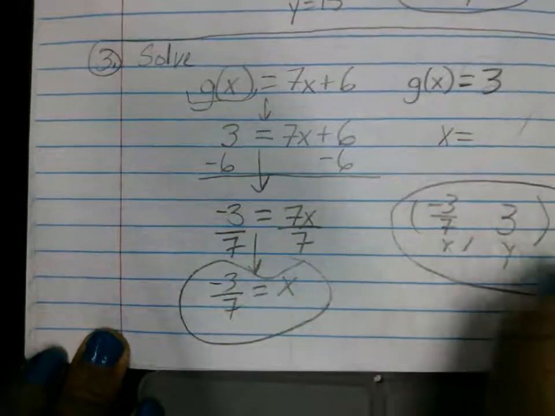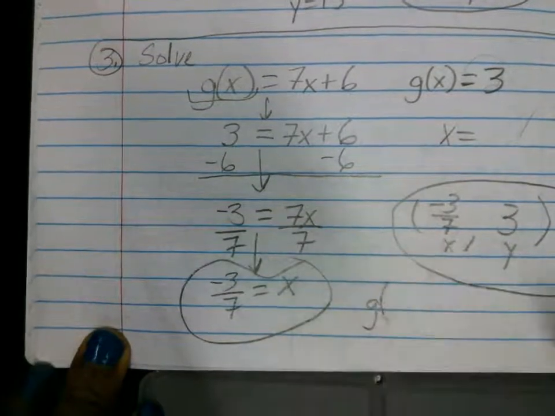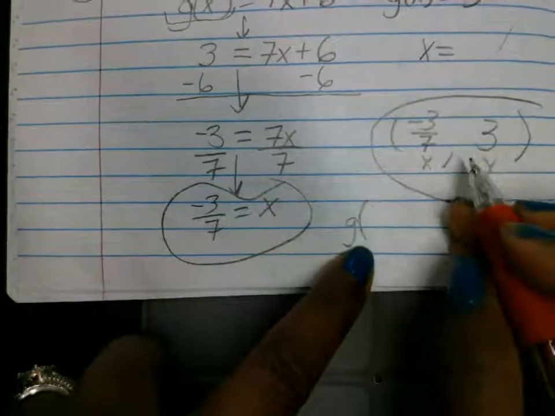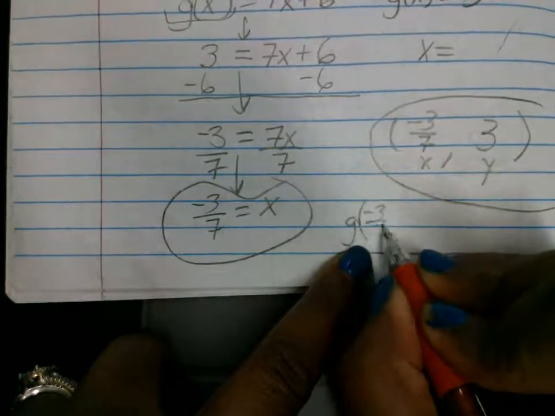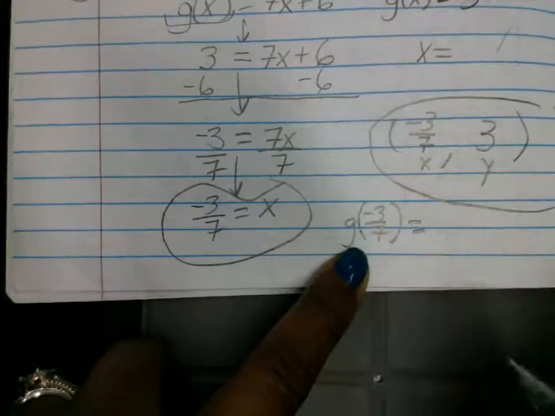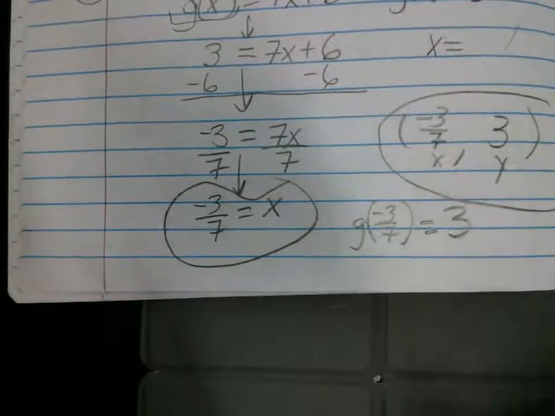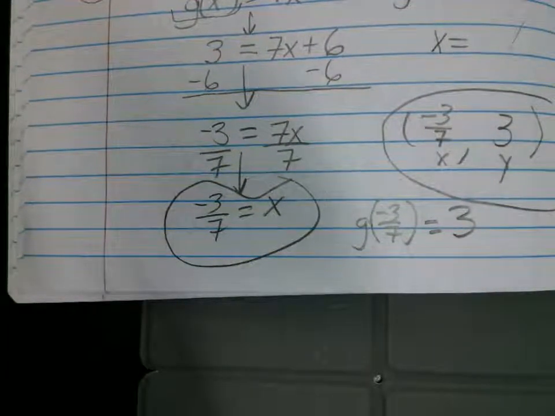This is another way to write it. Okay, and then you could write g of what's going to be in the parentheses? -3/7 is equal to what? No, 3. Okay, we'll pause for the cause.